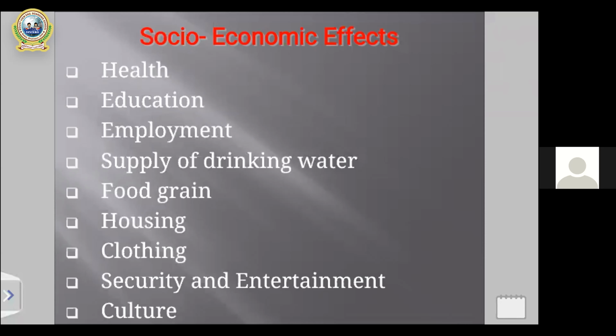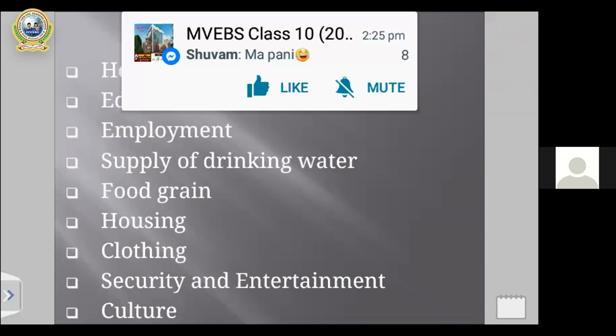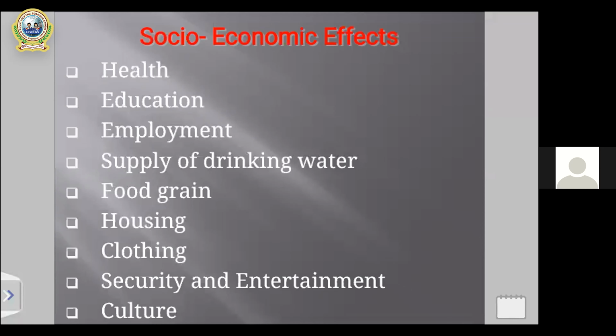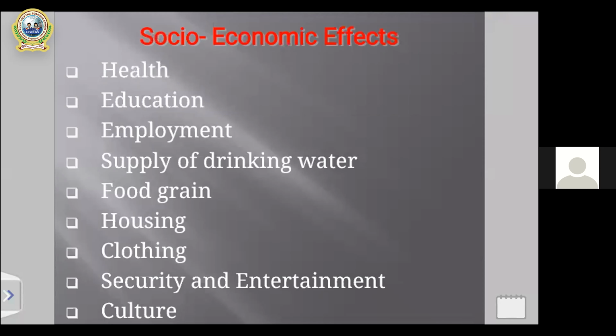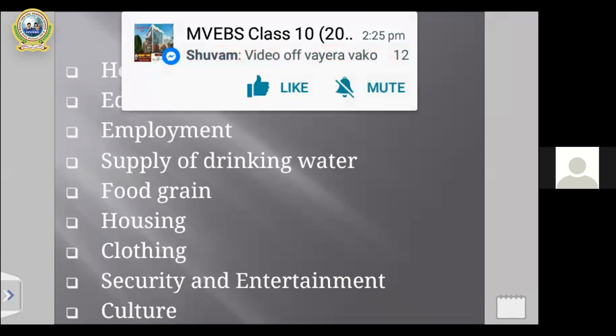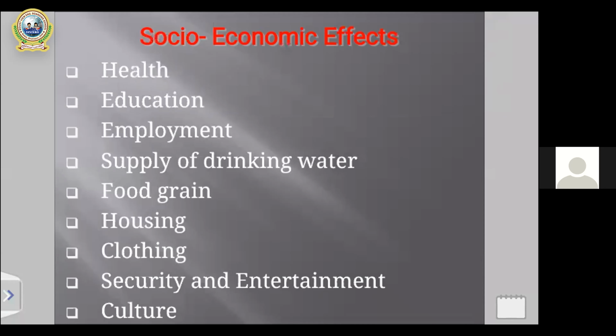All right. After housing, the next side effect of rapid population growth rate, you can see on the slide, is clothing. For that, Mr. Navin, are you listening to me? Okay, otherwise, sorry, Miss Eriga, are you listening to me?